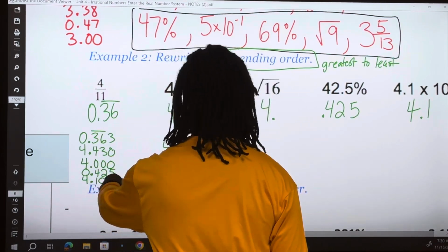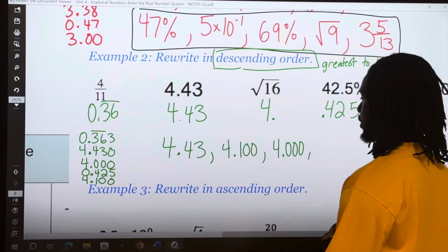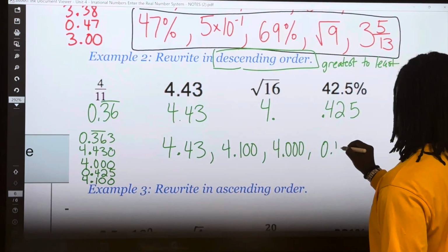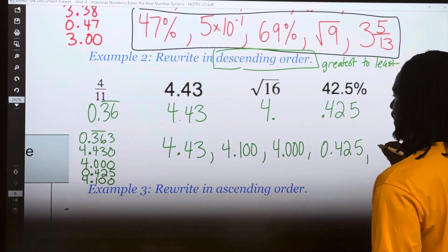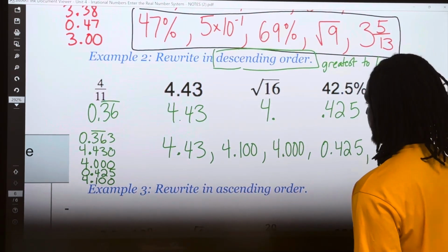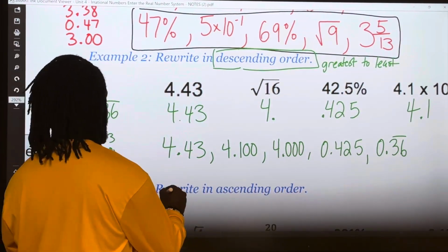Okay, then we got 4.0. Then after that we got 0.425. And then lastly we got 0.36 repeating.